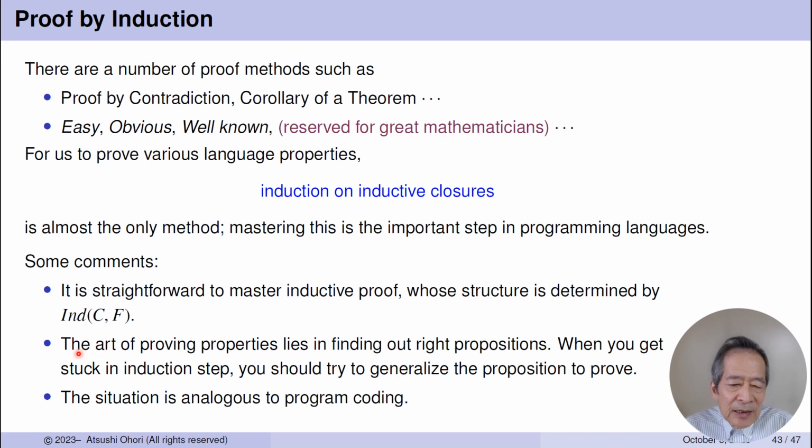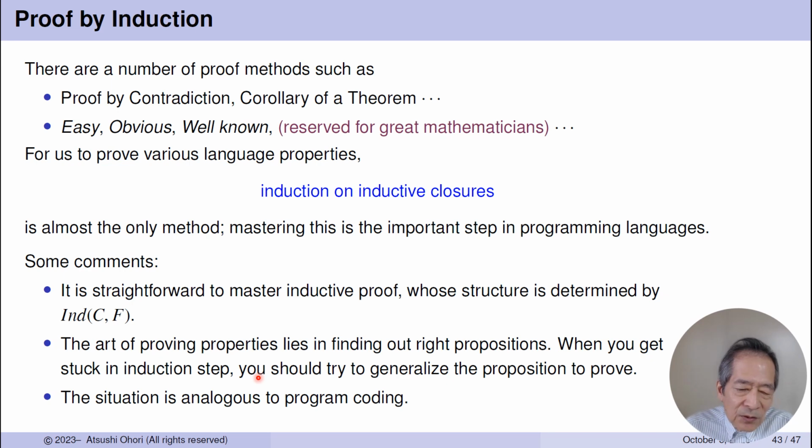Now, the important art of proving properties lies in finding the right propositions. If you want to prove some desired property and write it down, but it is not easy to prove by induction, often you get stuck in the induction step.